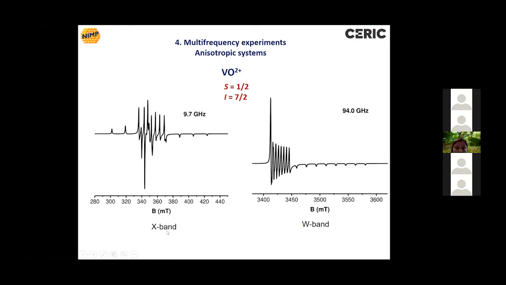And for the spectrum measured in X band, where you have both g and so both the electron Zeeman and hyperfine anisotropy, the g is axial and also axial is the hyperfine.